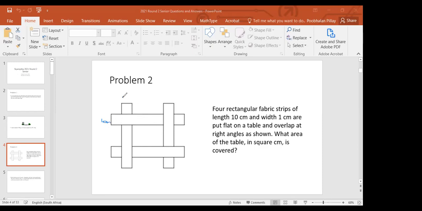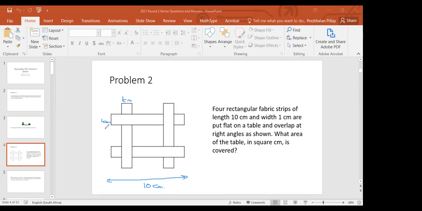Here too, you got 1 centimeter. And the full length is, no, 10 centimeters. Now they are put flat on the table and overlap at right angles as shown. What area of the table in square centimeters is covered?